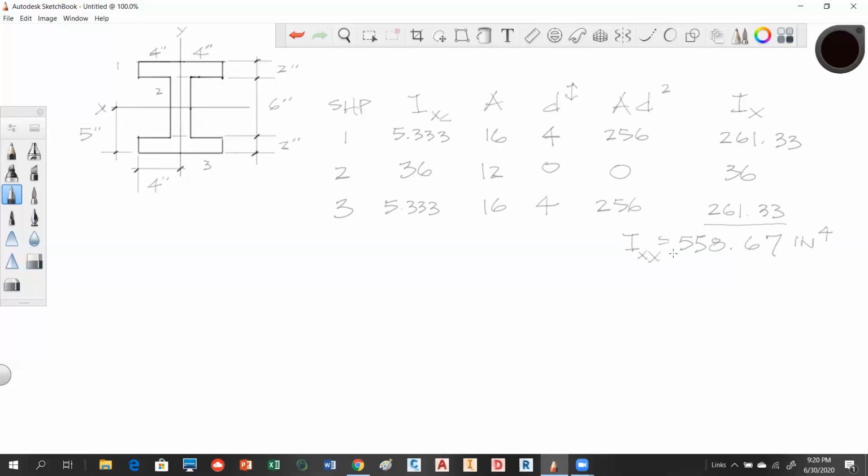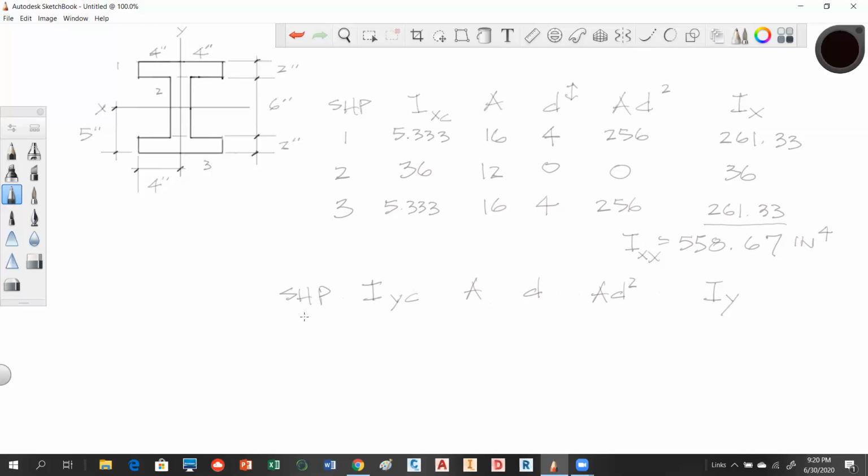Okay, so that's somewhat stiff, and we'll see what happens if we look another direction. So really, essentially, we're saying we're loading it either in this direction or this direction. Now we're going to look at loading it this direction. So we're going to have the same basic format: shape, I, Y of the centroidal area, area, D, AD squared, and IY.